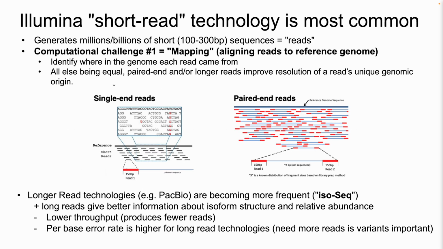So this is sort of the same slide from genome-wide association studies. Most RNA-seq is still done on an Illumina machine, but long-read technologies like PacBio are increasingly common.